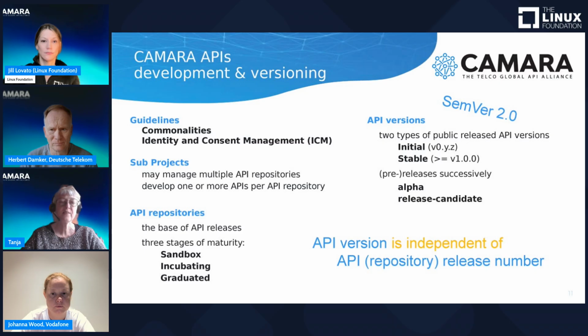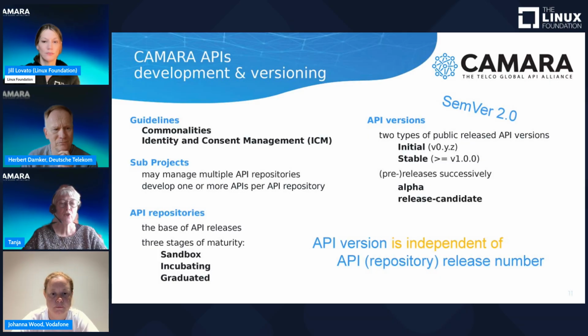Next slide, please. So then for a particular API lifecycle, the development and versioning, a few words on that. As said, the commonalities and the identity and consent management working groups each develop their guidelines in their own repository, and they will release a given set of information for the meta release.